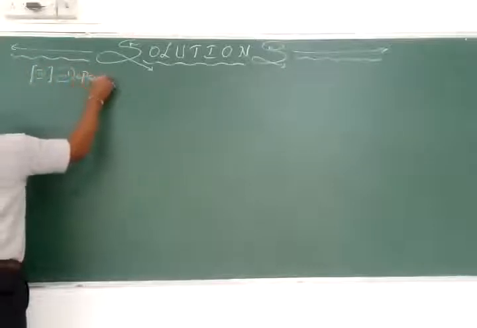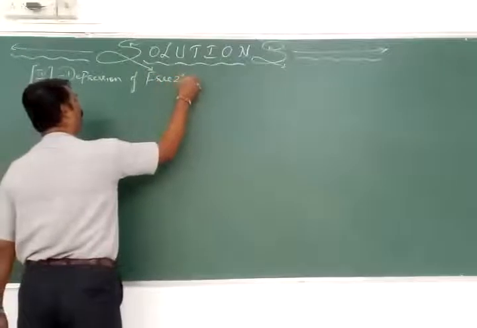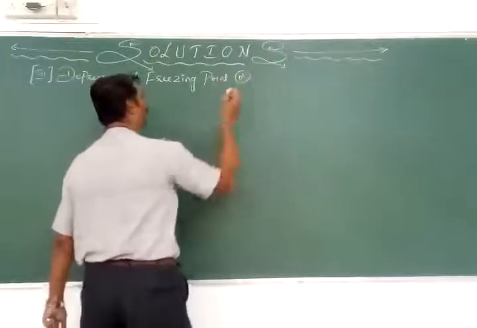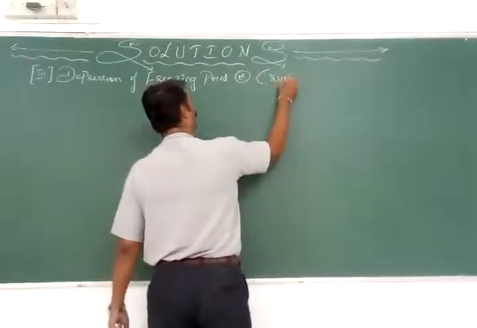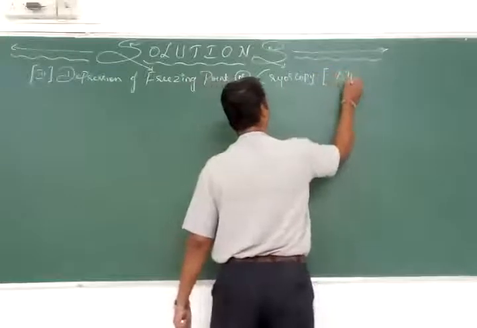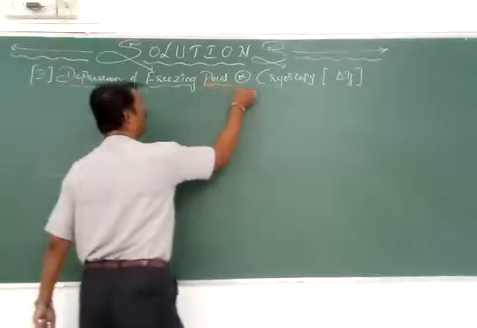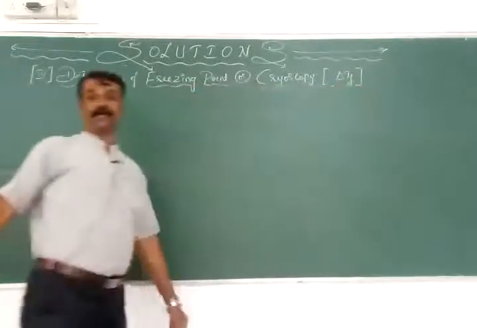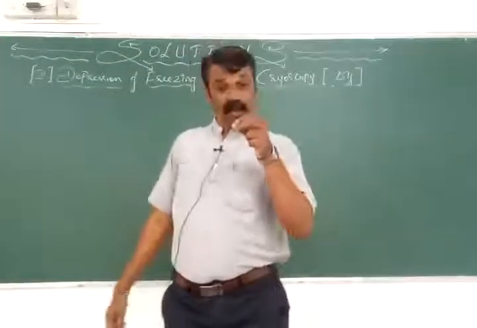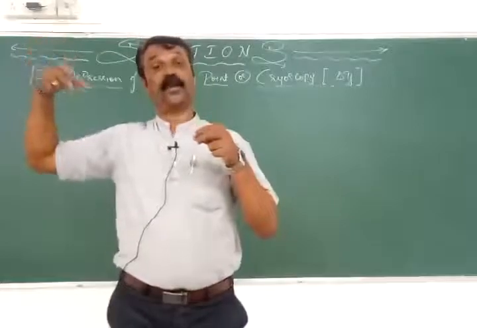Depression of freezing point, or it can also be called by another name, cryoscopy. This has the symbol delta Tf.